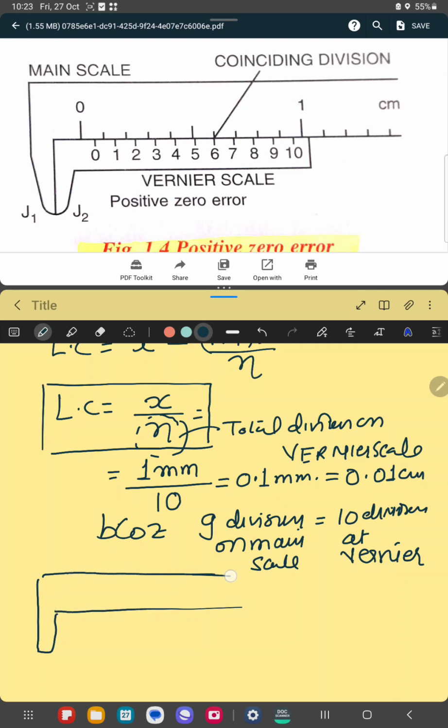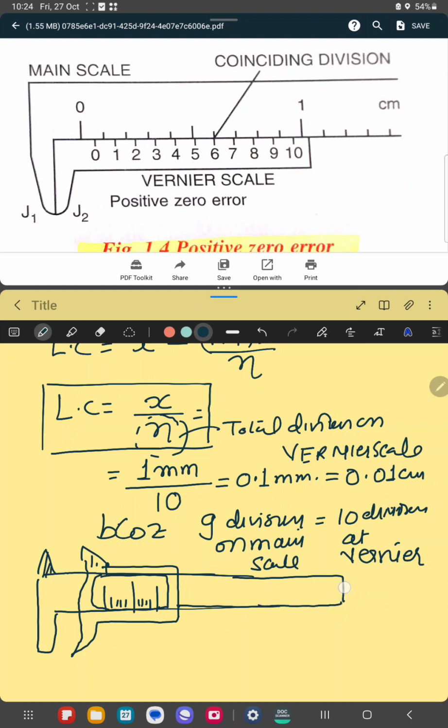Let's say this is the main scale, and this part of the device is called the jaws.